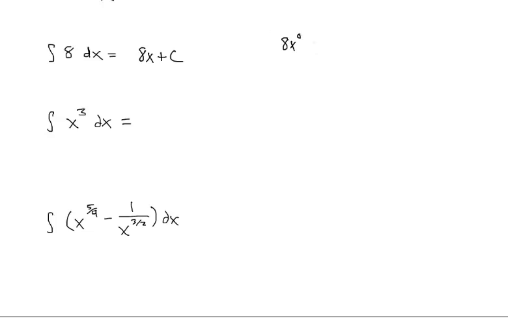So we add 1 to the exponent and divide by the new exponent. And the new exponent would be 1, so that would leave you with 8x to the 1 divided by 1, which is also 8x, and then plus c, our constant of integration.